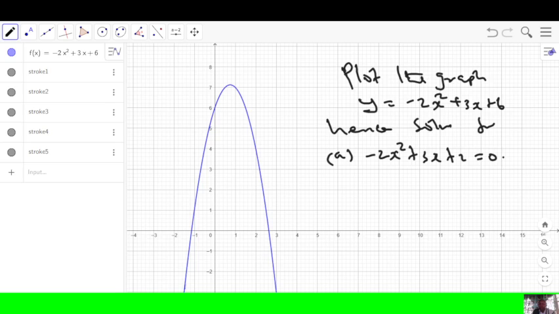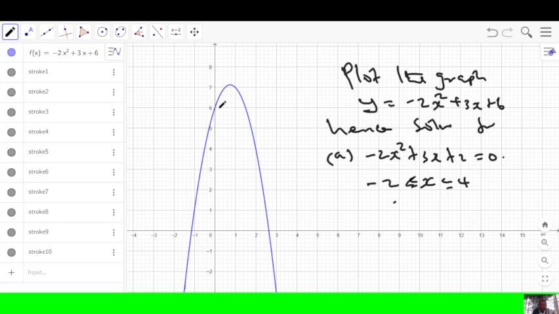Like in this question, the value of x was ranging between negative 2 and 4. So you want to therefore solve this equation. So how do we do it?